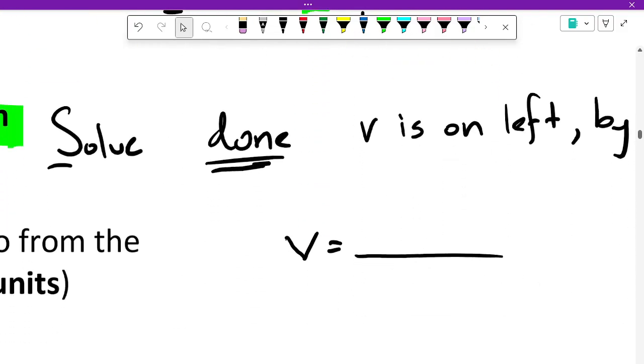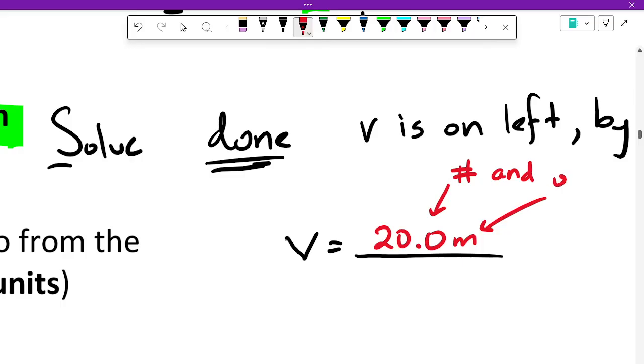And we're going to write it this way: 20.0 meters. You need both the number and the unit.